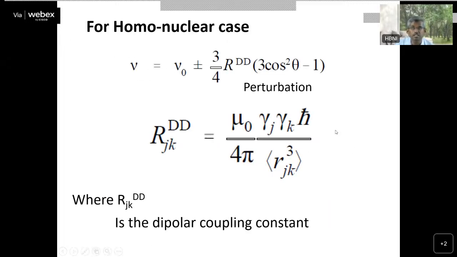RDD is given by this expression, and if you know the fundamental constants, as well as the gamma J and gamma K values, which are reported in the literature, you can get the average value of RJK. What is RJK? RJK is nothing but the distance between the J and K nuclei. So you can get the average distance, and this can be compared with the X-ray diffraction results.